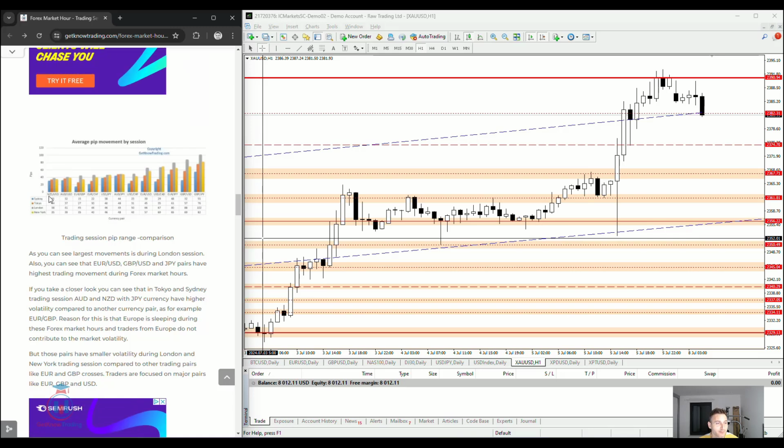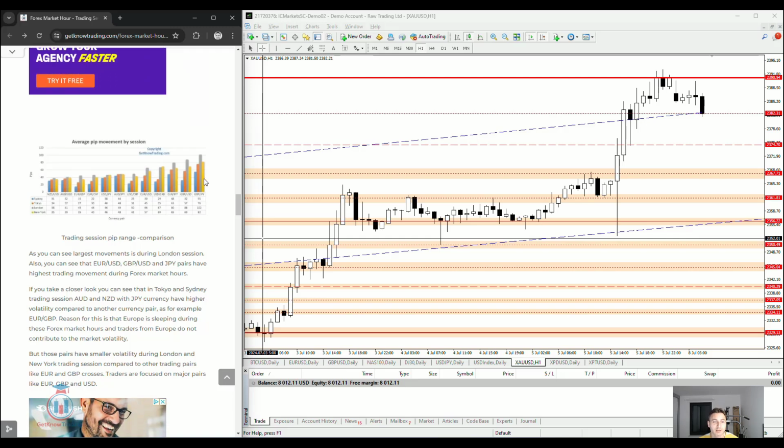So, for example, let's take a look here. We have the New Zealand dollar and the Australian dollar against US dollar, and we can see that the pip average is almost the same on the New York session and the London session as on the Sydney and Tokyo session.